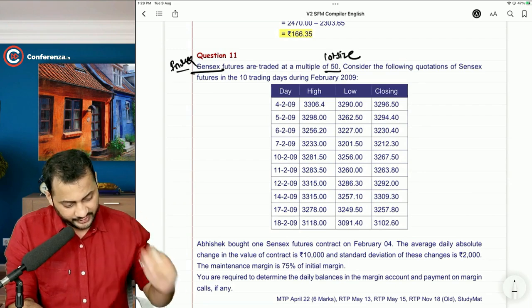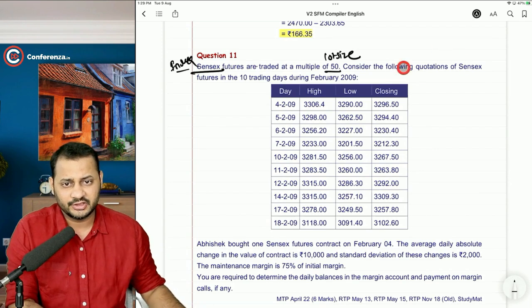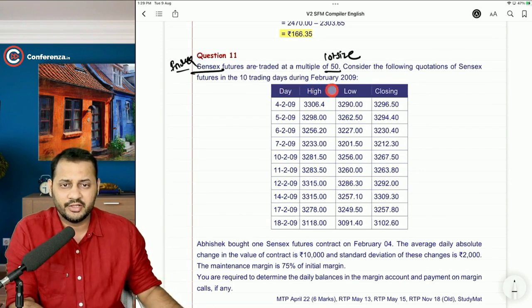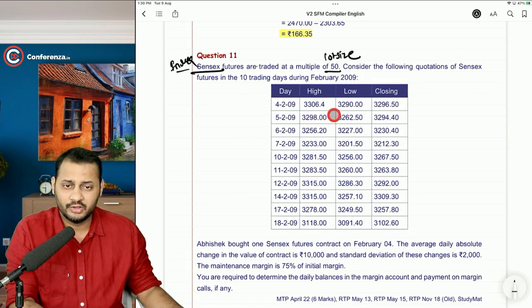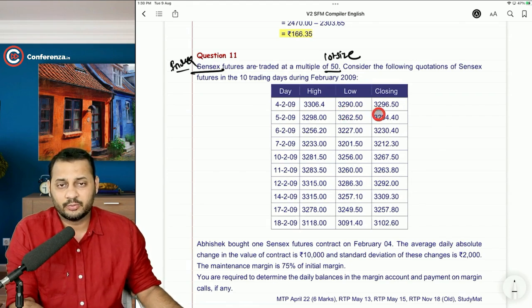Consider the following quotations of Sensex futures in the 10 trading days during February 2009. On 4th of February 2009, the highest that the Sensex went was 3306.4. Lowest it went on that day is 3209, and it closed at 3296.50.